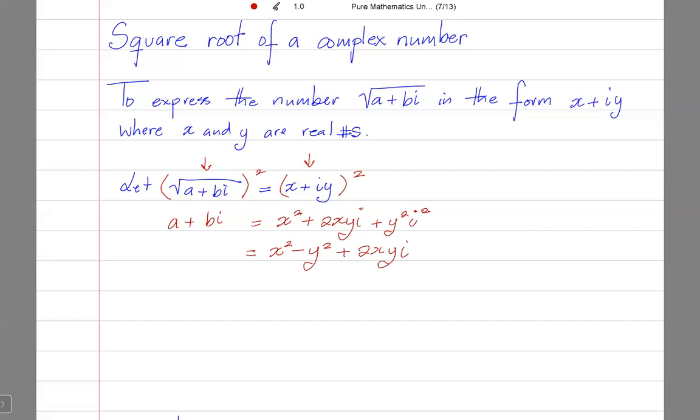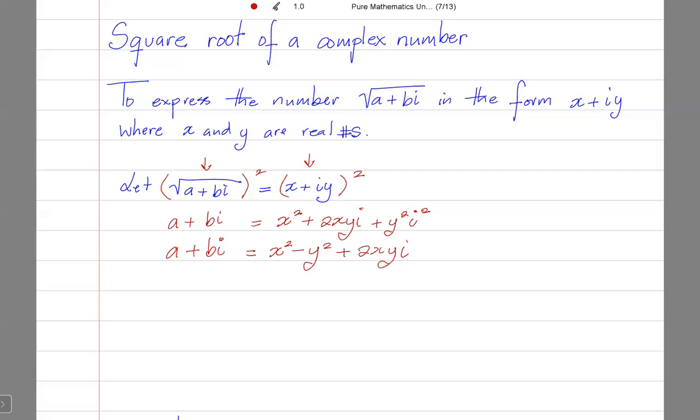Remember, our objective is to determine the values of x and y, because if I know x and y, I can find the square root of the complex number a plus bi. So these two complex numbers are equal, and we're going to equate parts.